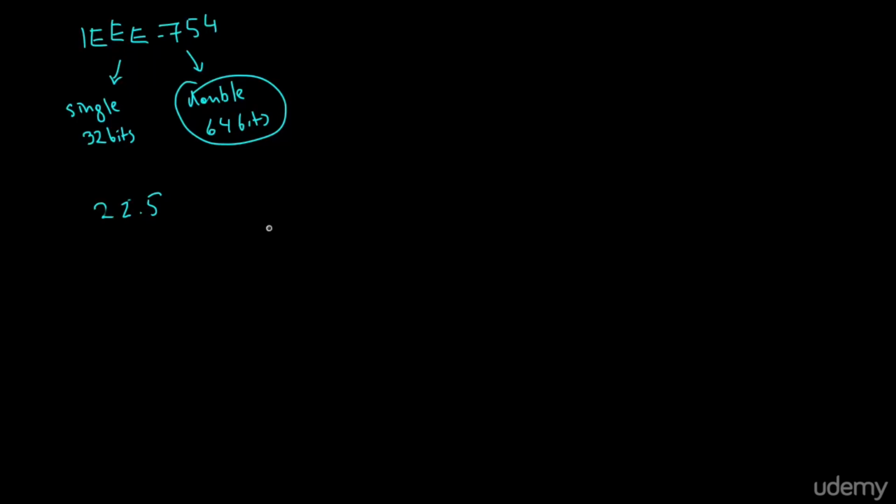First of all, we need to normalize the number. Remember, we want one significant bit in front. So essentially, we take 22.5, divide it by 2 to the power 4, and multiply it by 2 to the power 4, which gets us 1.40625 multiplied by 2 to the power of 4.